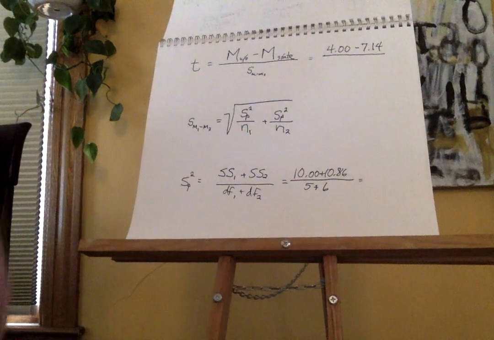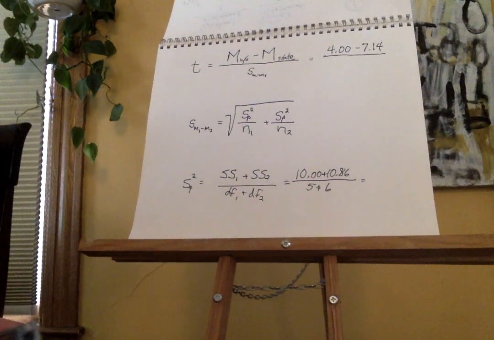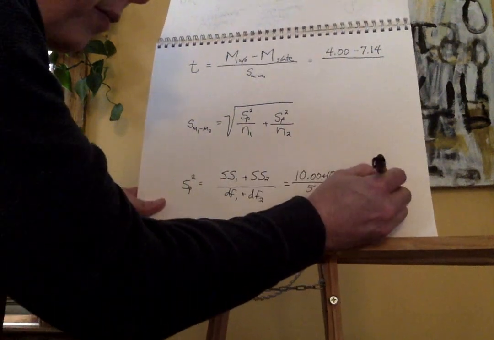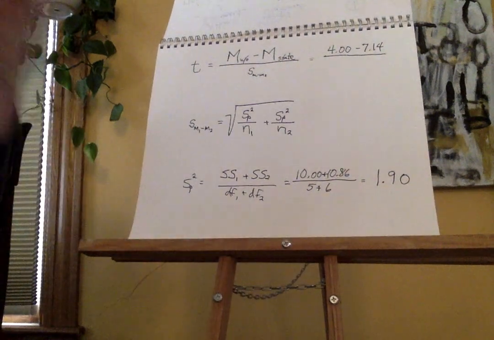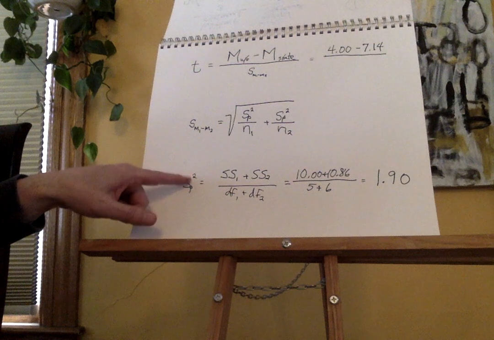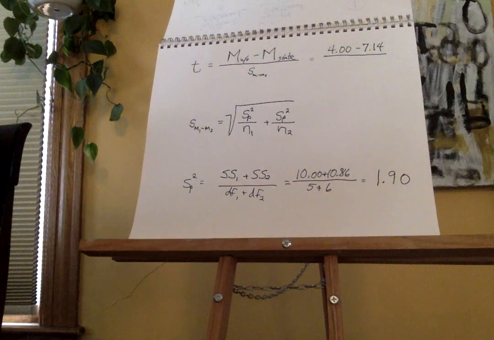So 20.86 divided by 11. So it's 1.90. That's the value for Sp squared. That's it.